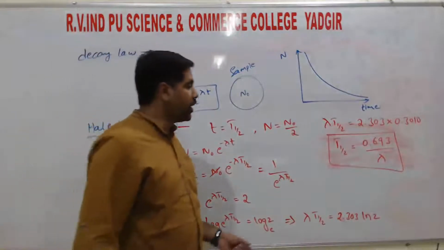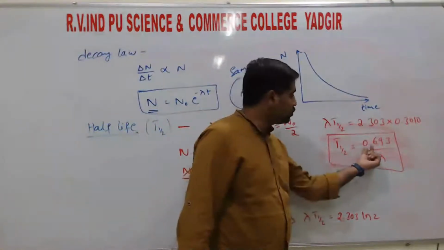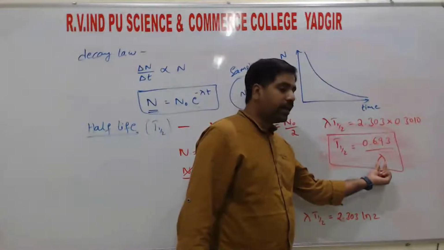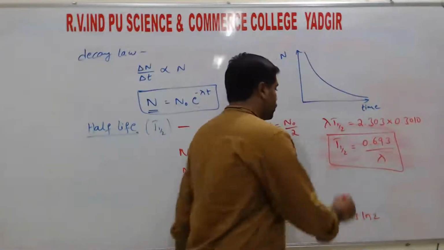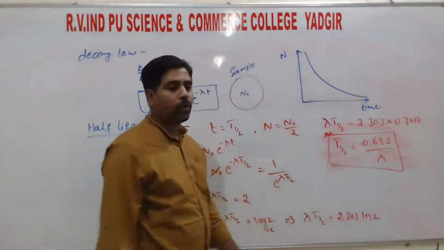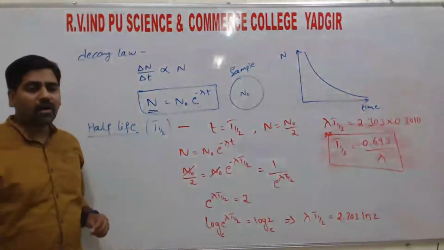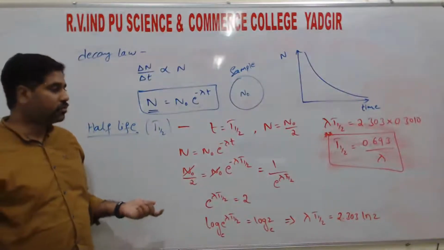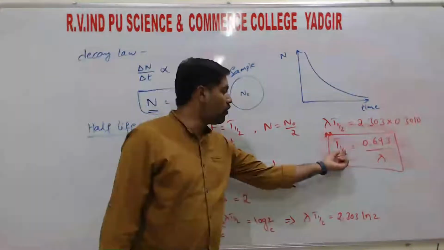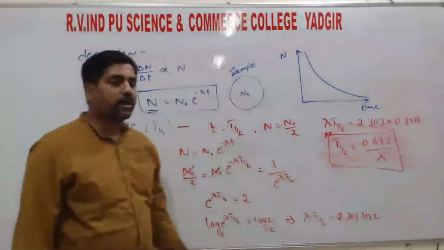This formula is very, very important while solving problems. In a problem they ask to find the half-life and mean life, so for half-life we have the formula T half equals 0.693 divided by lambda, right?